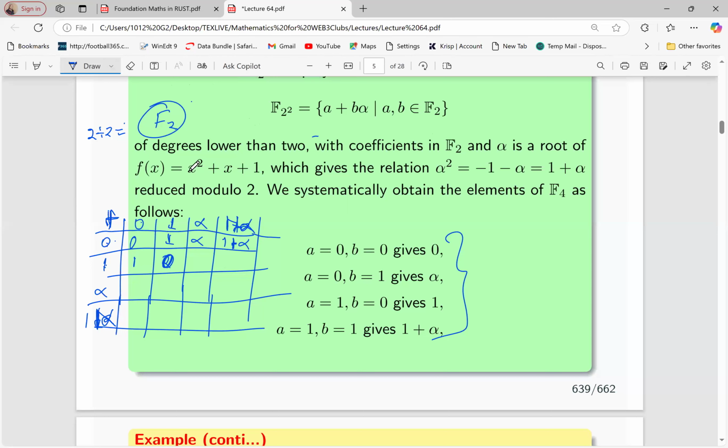Then 1 plus alpha gives us 1 plus alpha. Then 1 plus this, 1 plus alpha, gives 2 plus alpha, but 2 mod 2 has remainder 0, so this gives us alpha.